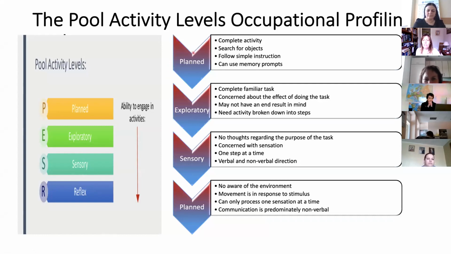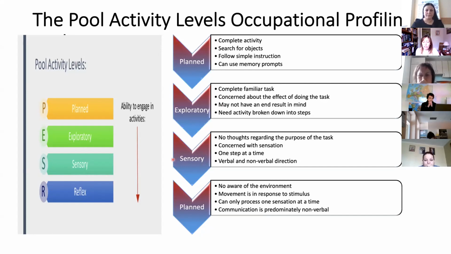So somebody who sits at the planned level is able to complete activities and search for objects, follow simple instructions, and use memory prompts. Somebody who's at the exploratory level, which is the next level down, can complete familiar tasks and knows what the outcome of that task is, but might need the activity broken down into its individual steps in order to complete it.